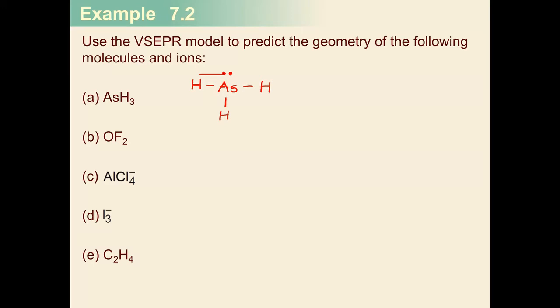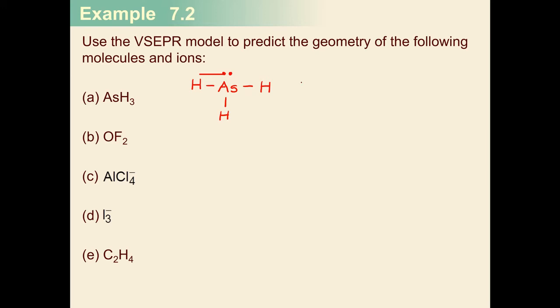We can all agree that this has 4 attachments, meaning that this would have the tetrahedral electron pair arrangement. But this is not the tetrahedral molecular geometry because of that lone pair. So now, which molecular geometry do I have when I have the AB3E group?